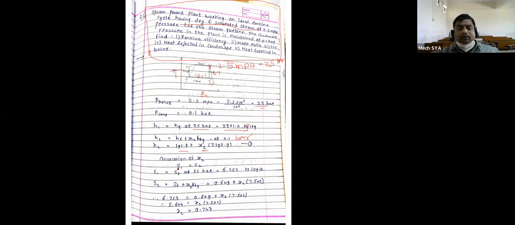Why? Because it is an isentropic expansion process in the steam turbine. So s1 is equal to s2 means isentropic expansion in the steam turbine.